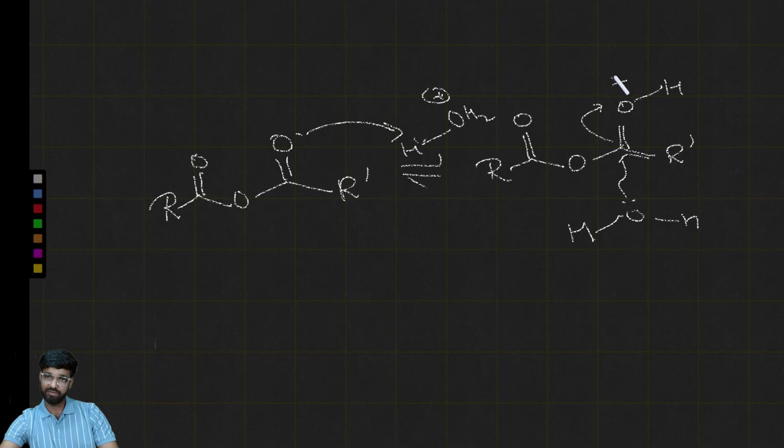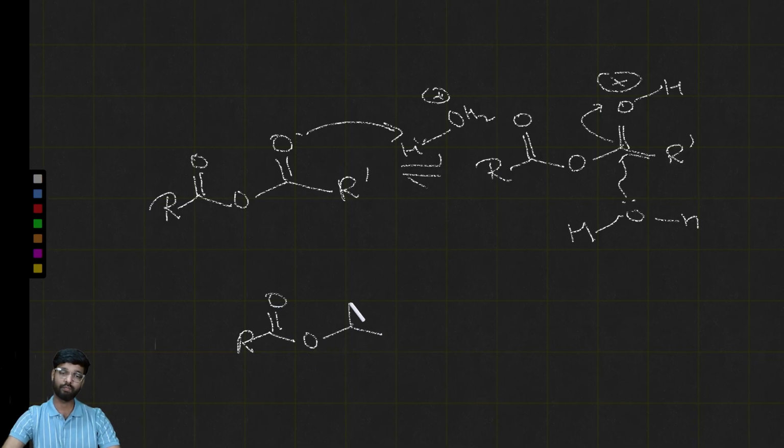So we have a positive charge on oxygen first of all. We have R dash here, and we have OH here.